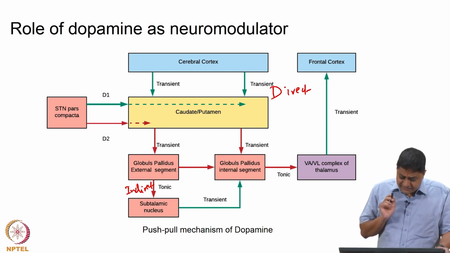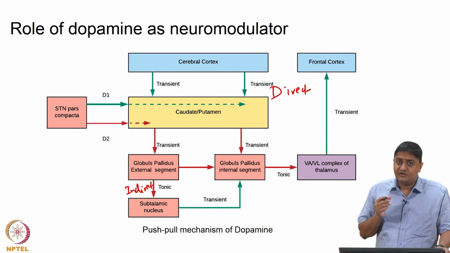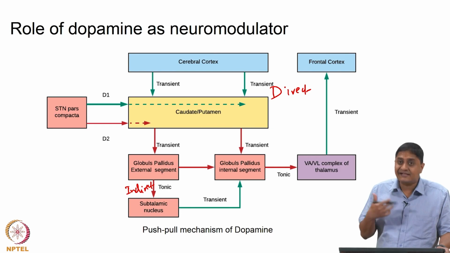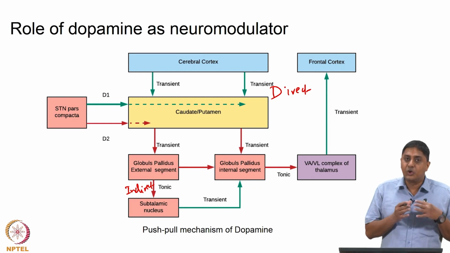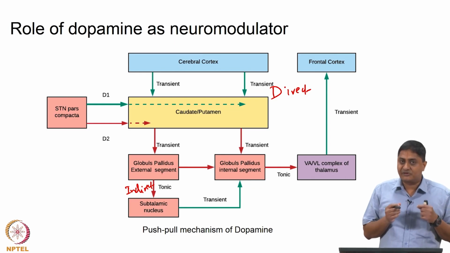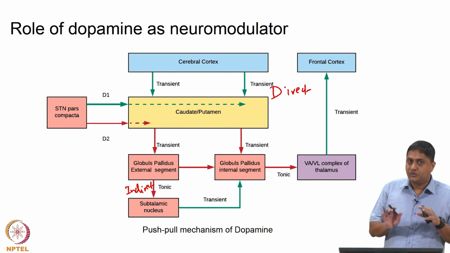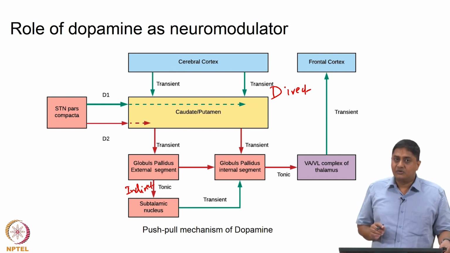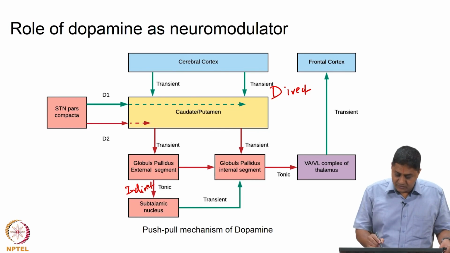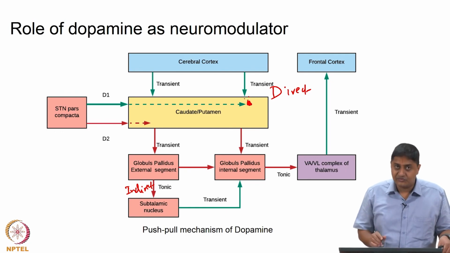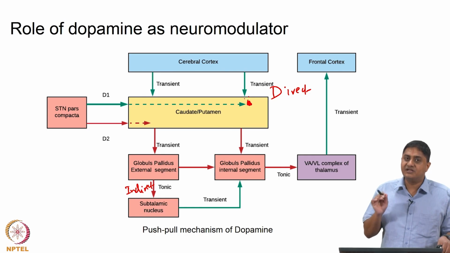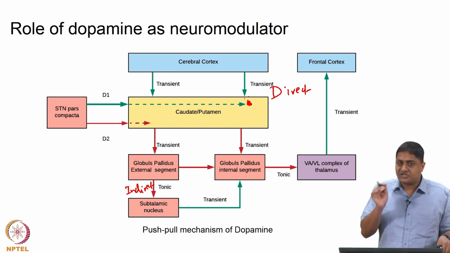So, essentially what happens is that the dopaminergic neurons from the substantia nigra pars compacta activate or excite the direct pathway. Suppose there is dopamine secreted from the substantia nigra pars compacta, what does it do to a given input from the corticostriatal neuron, right. That is happening in the striatum, say in the putamen. Medium spiny neurons in the putamen are receiving inputs from some region in the cortex.